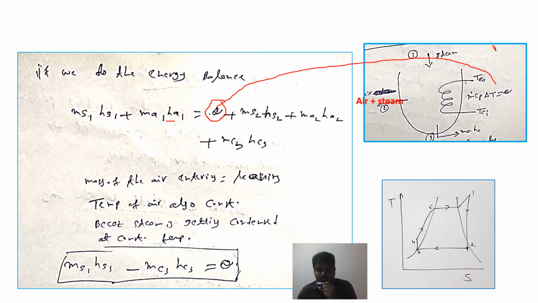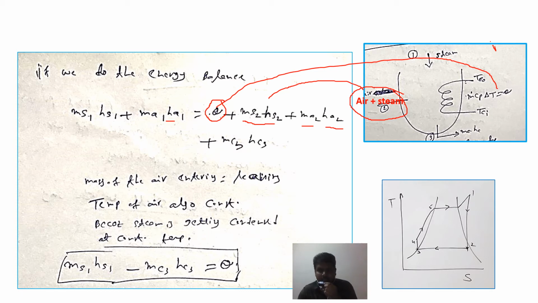So this is Q, plus the second stage, air plus steam. This we can write as mass of steam at state 2 into enthalpy of steam at state 2 plus mass of air at state 2 into enthalpy of air at state 2.